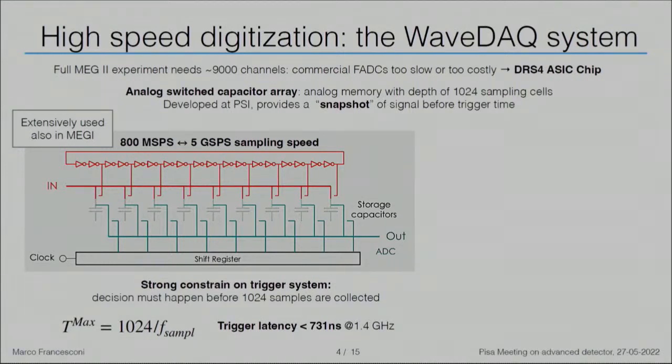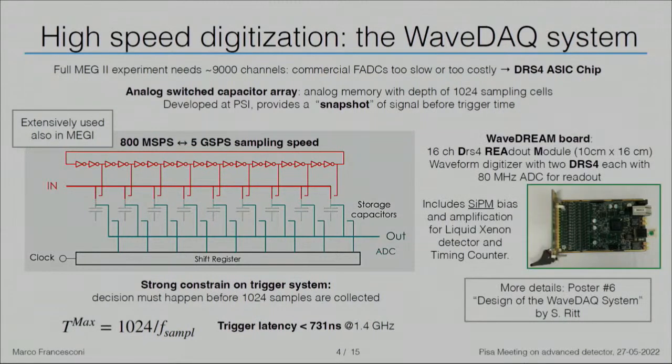This puts a very strong constraint on the trigger system because the decision must happen before the full revolution of the storage capacitors happens, therefore overwriting the pulses that generated the trigger. Running at 1.4 gigahertz, which is the current one, we have a constraint on the trigger latency to be smaller than 731 nanoseconds.